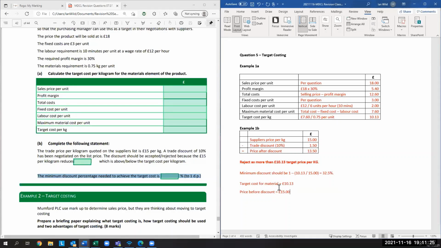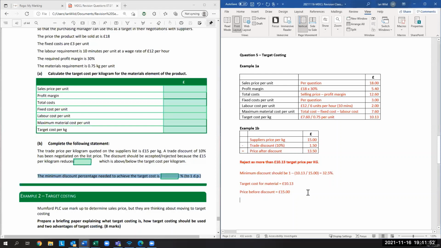Now then, to work out a percentage, yep, good stuff. Now be careful there, Tony, because the target cost per kilogram is £10.13. We're looking at a kilogram of materials here, so we need to use that figure that we grossed up at the bottom.